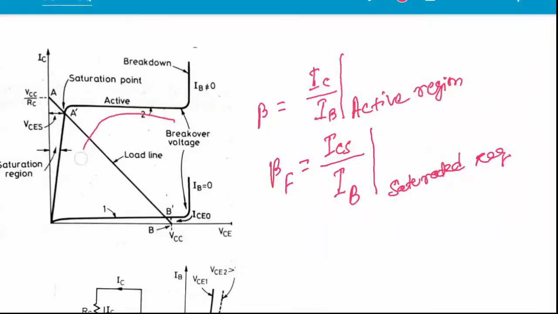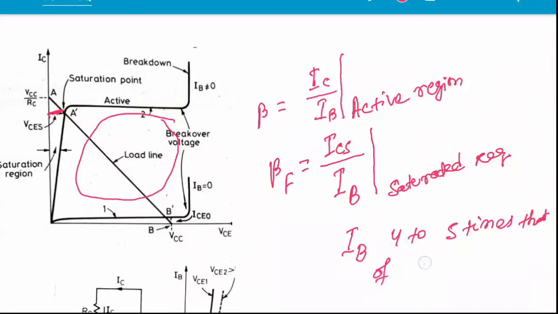This one is the active region and this one is the saturated region, and that is why in case of saturation IB is considered to be 4 to 5 times that of IBS, that is the base current for saturation in collector current.